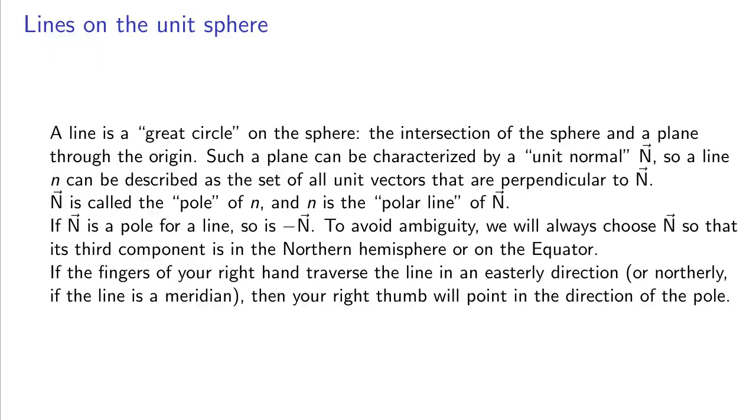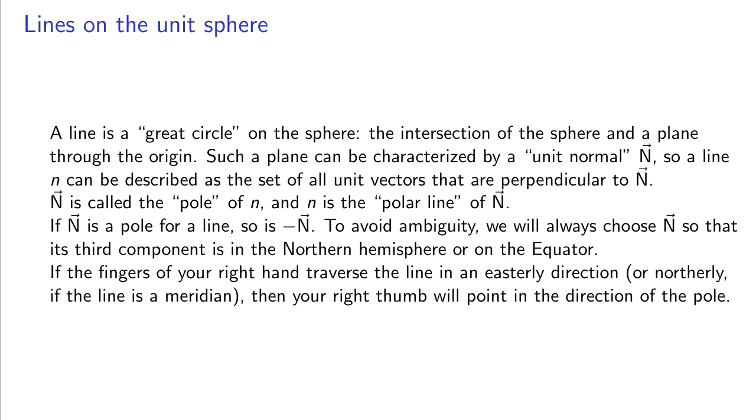There's a slight complication here, of course. If n is a pole for a line, for example, the vector that points straight up through the North Pole is the pole for the equator, but so is -n, the vector that points straight down through the South Pole.